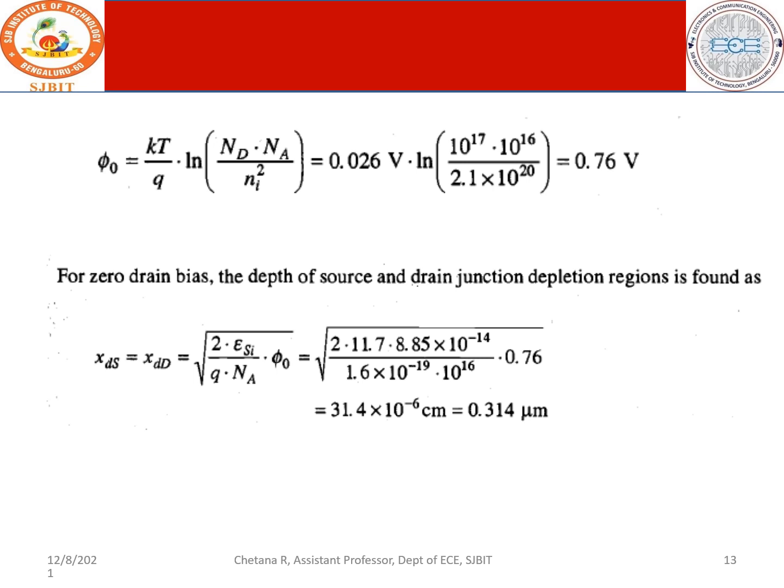This is substituted and it has been found out to be 0.76, and XDS and XDD is nothing but the junction depth at the source and the drain terminals, and this is given by square root of 2 epsilon Si by q into Na into phi naught. Appropriately substituting, we get XDS as 0.314 micrometer.